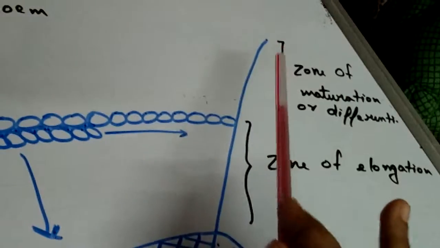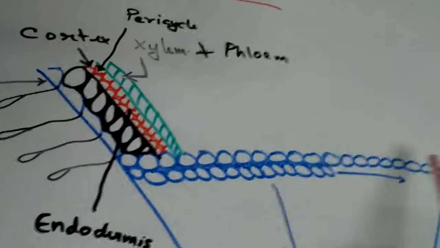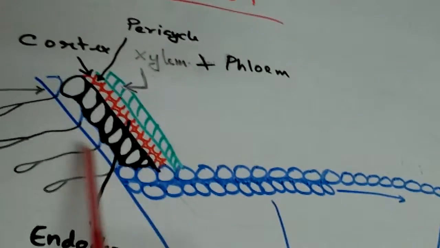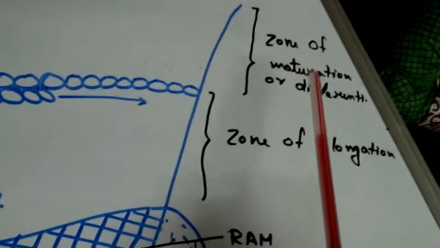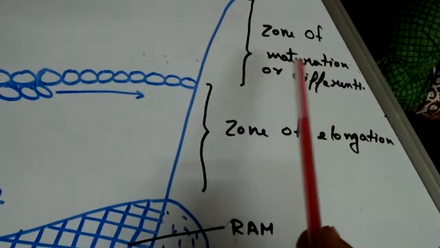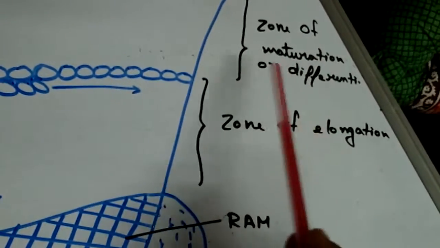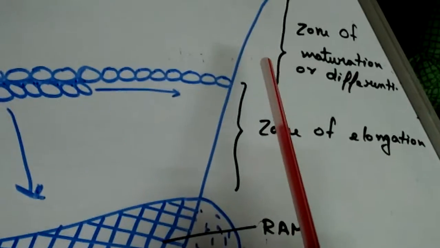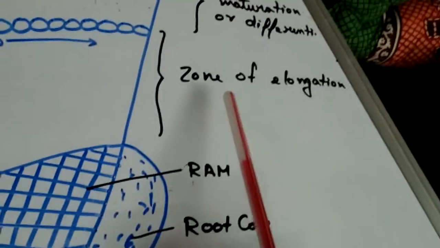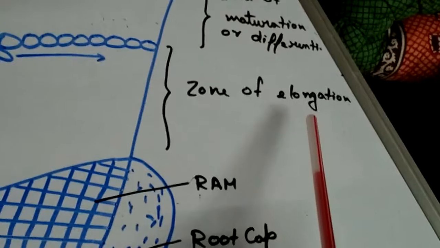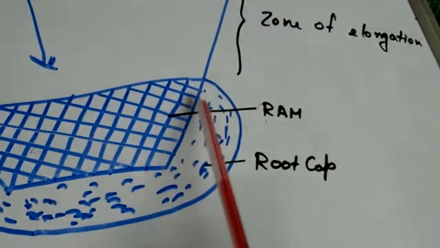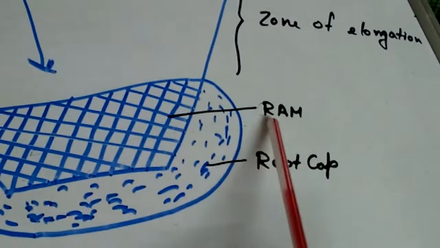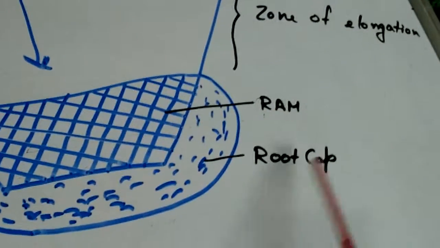This particular zone, having all these structures or components together, forms the zone of maturation or zone of differentiation. Beneath this we have the zone of elongation, and after that, as I have already told you, the root apical meristem and root cap.